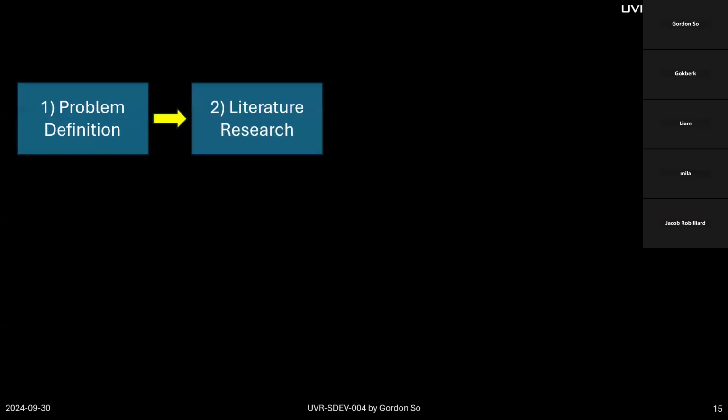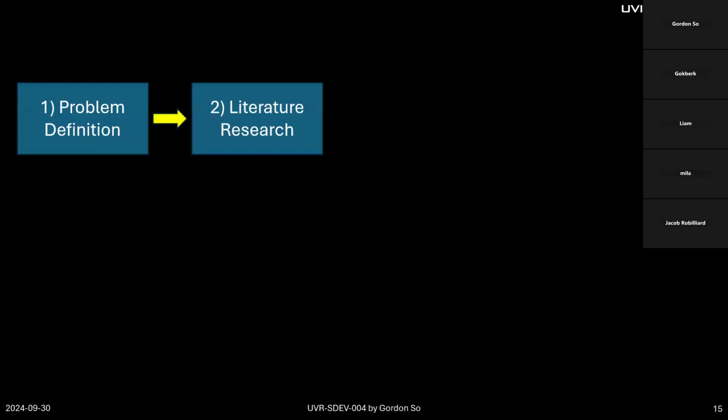So what would a CFD analysis look like? This is basically a table of contents of this presentation. Everything will be structured this way, and we'll come back with a case study. First thing, very important, define your problem, which is basically defining requirements.